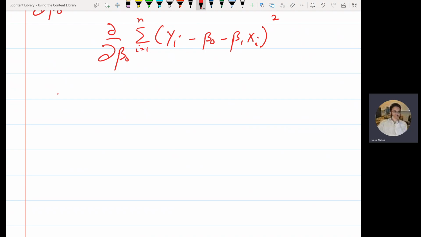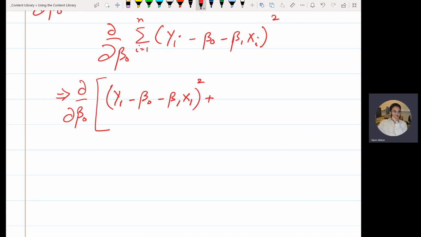So the first thing I'm going to do is keep the derivative outside and open the summation. It will be y1 minus beta naught minus beta 1 x1 whole square. First term of summation, i is 1. True?